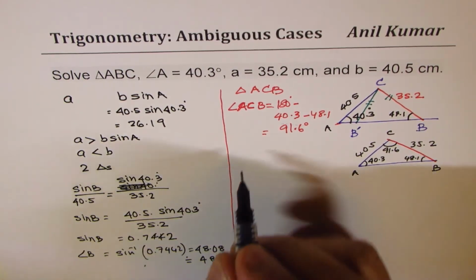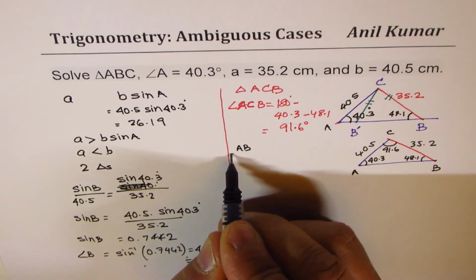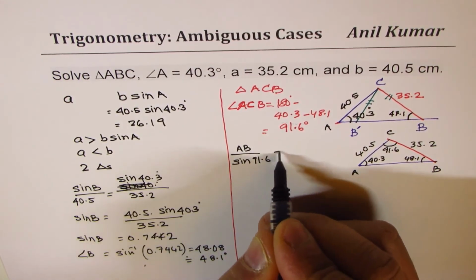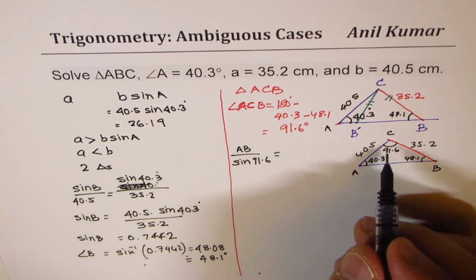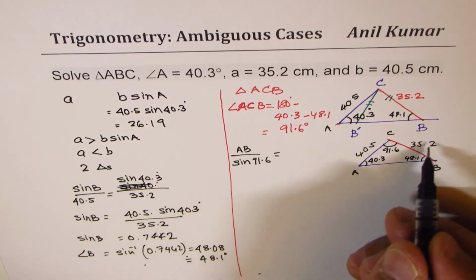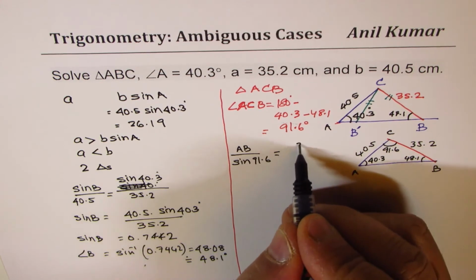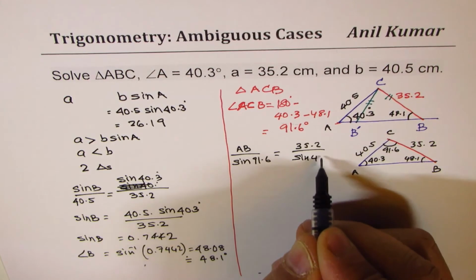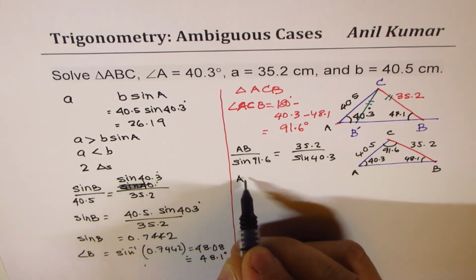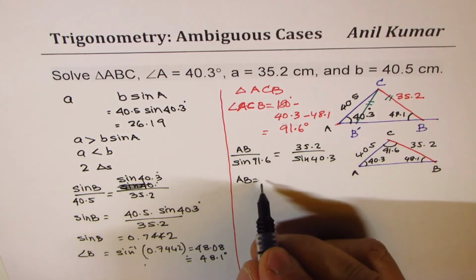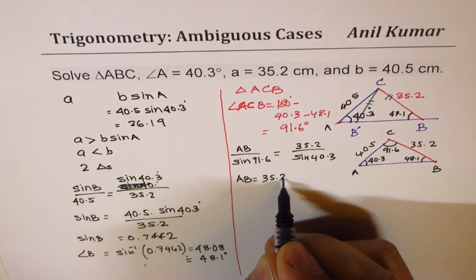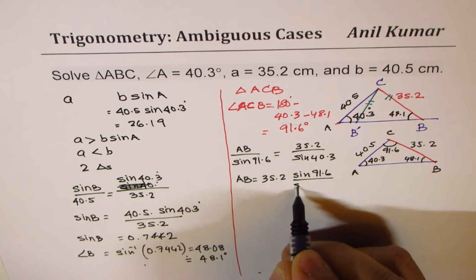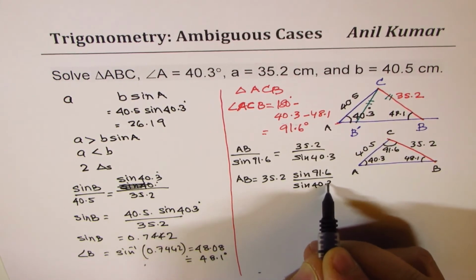Now to find AB, we say AB over sine of 91.6 is equal to 35.2 over sine of 40.3, correct? So AB is equal to, cross multiply, 35.2 times sine 91.6 divided by sine 40.3.